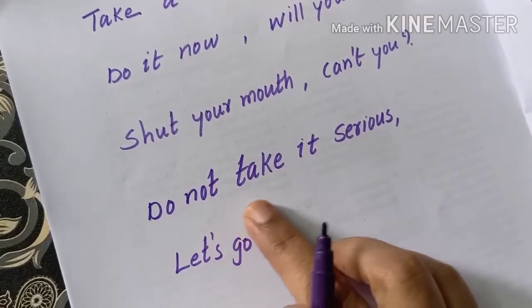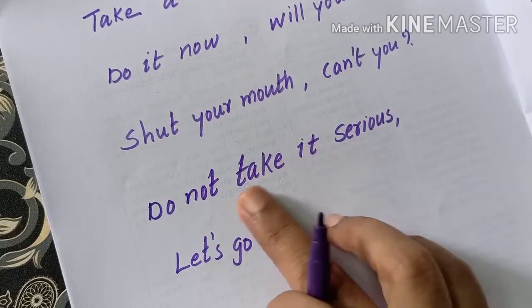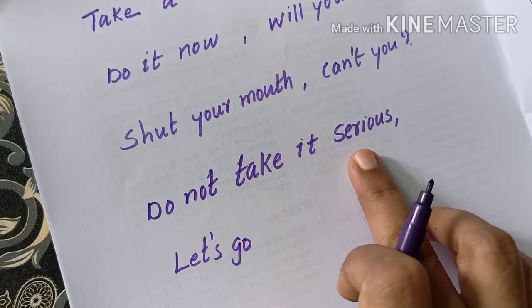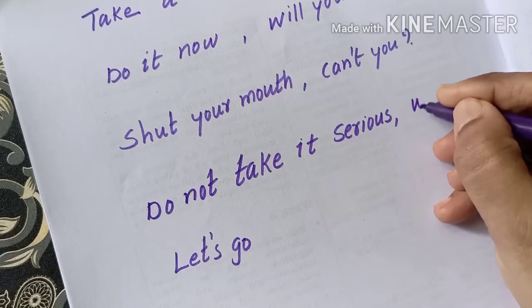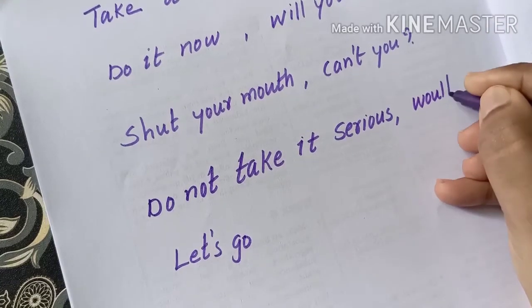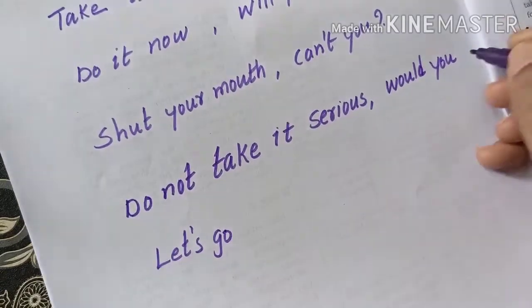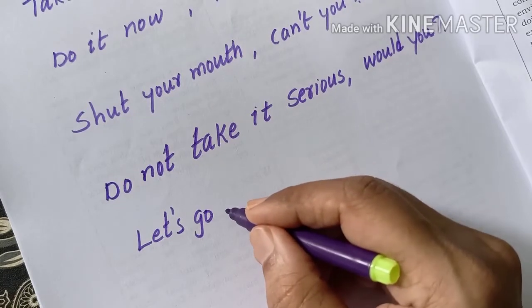See the sentence, do not take it serious. We can use will you, right? Instead of will you, we can also use would you to show more politeness. Would you? Like that, let us go, let's go.